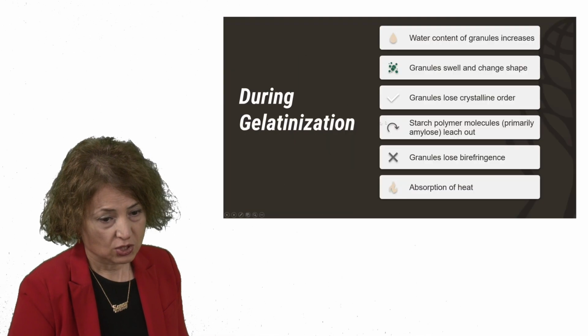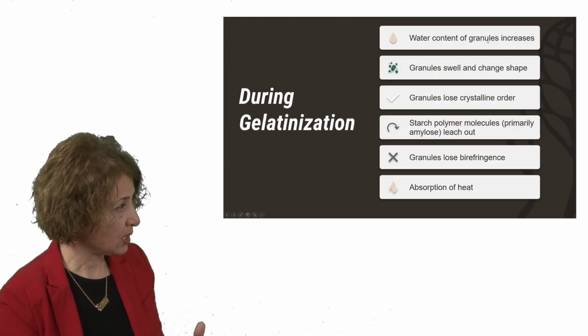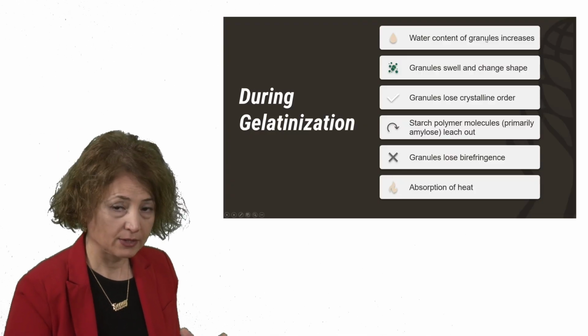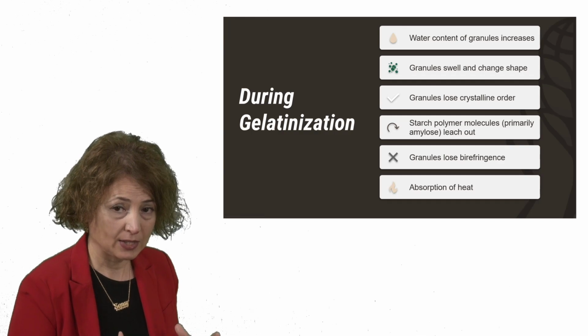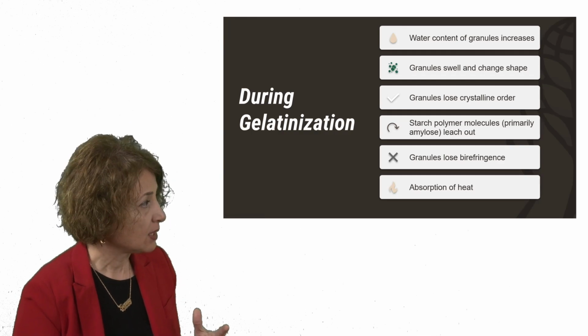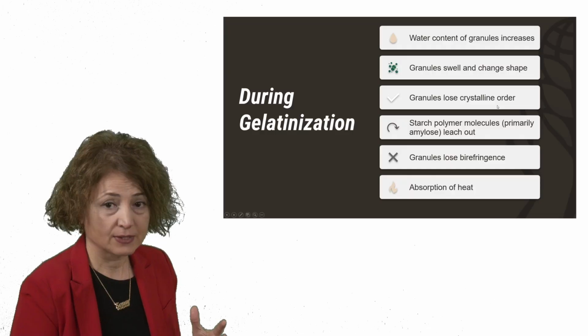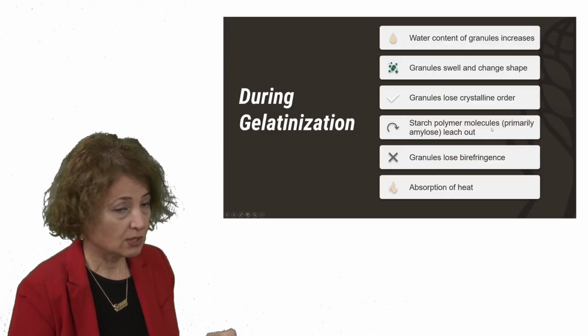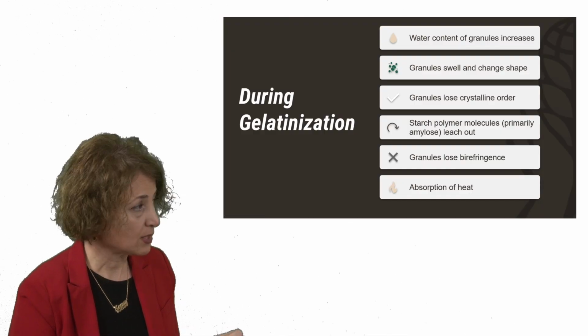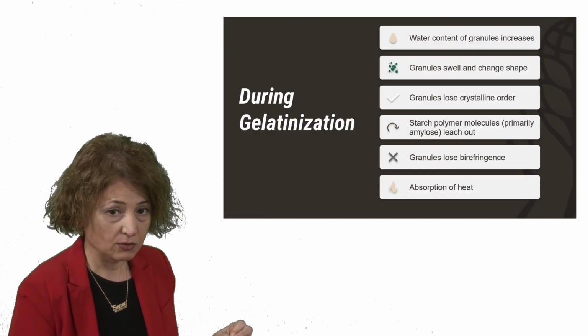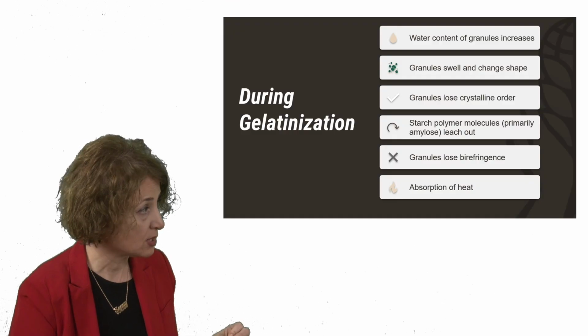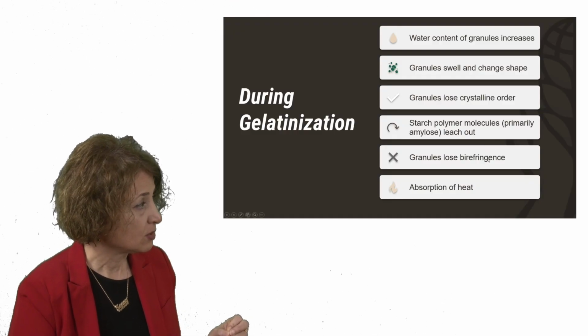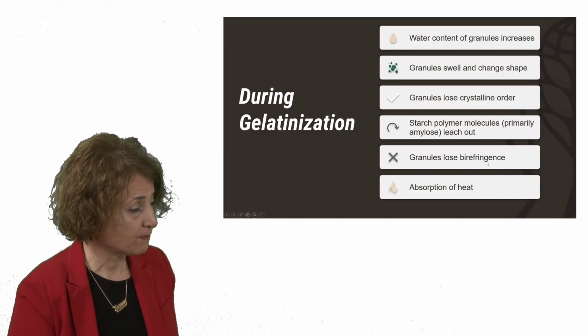During gelatinization, the water content of the granules increases because the granules swell and change shape. Then the granules lose their crystalline order, and amylose starts to leave the granules, which is called amylose leaching. And then the granules lose birefringence.